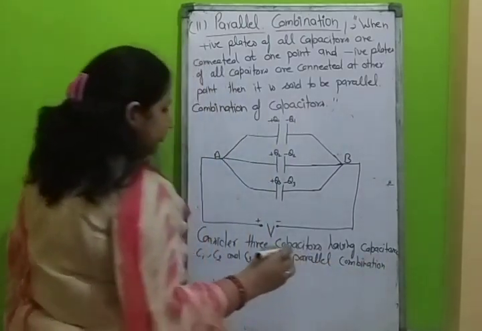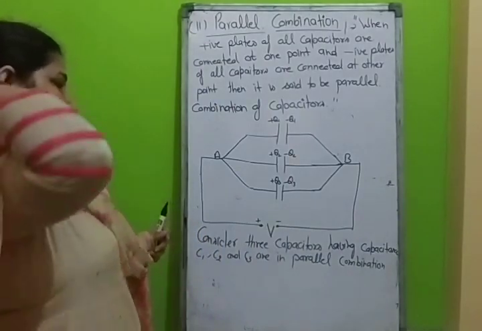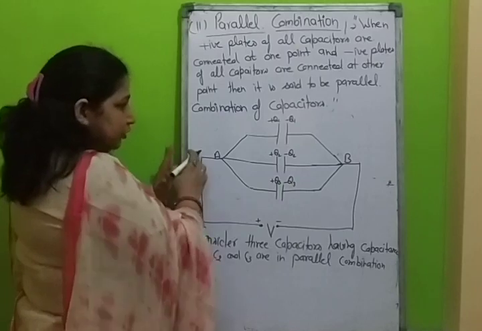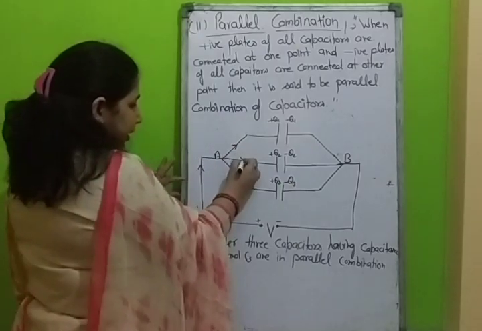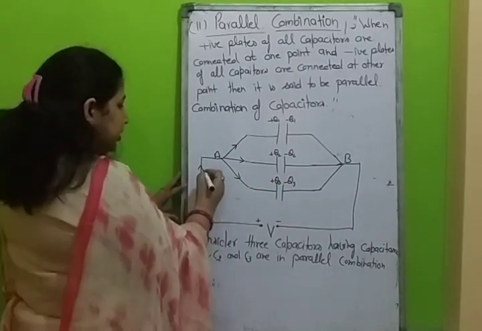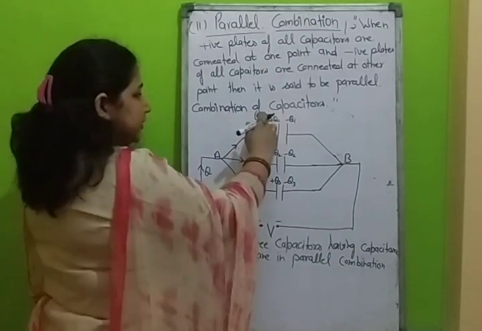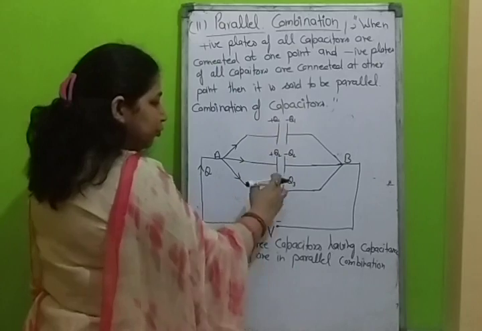Then what is different? They have different charges. The total current is divided into three parts. Suppose the total charge is Q which is flowing, and it is divided into three parts, Q1, Q2, Q3.